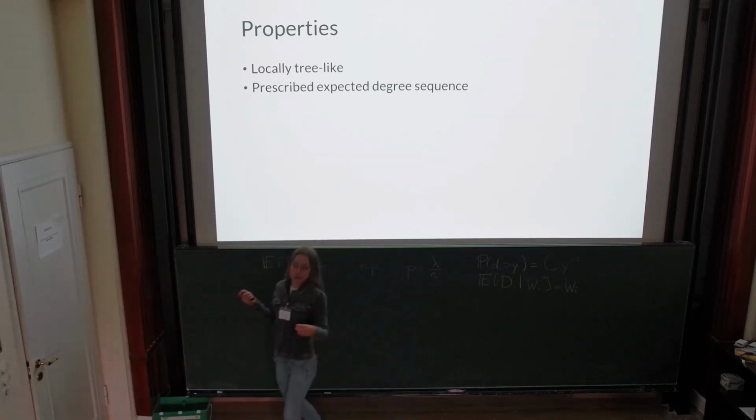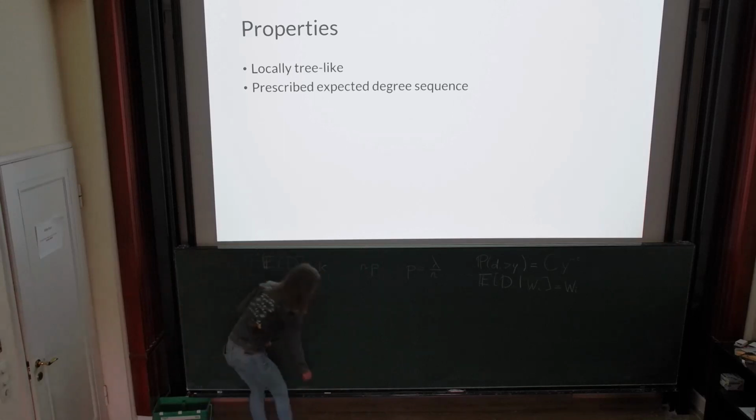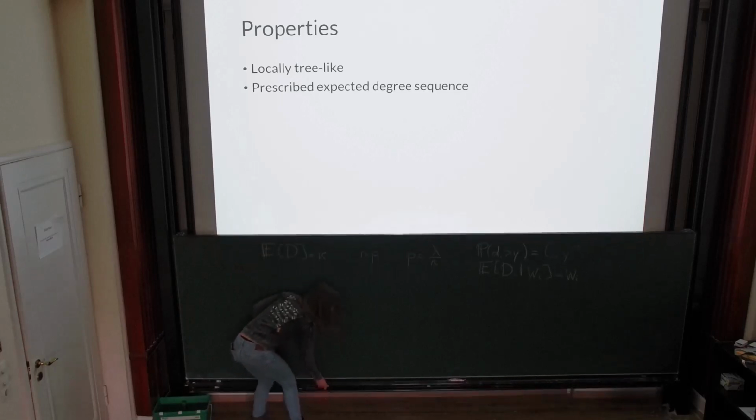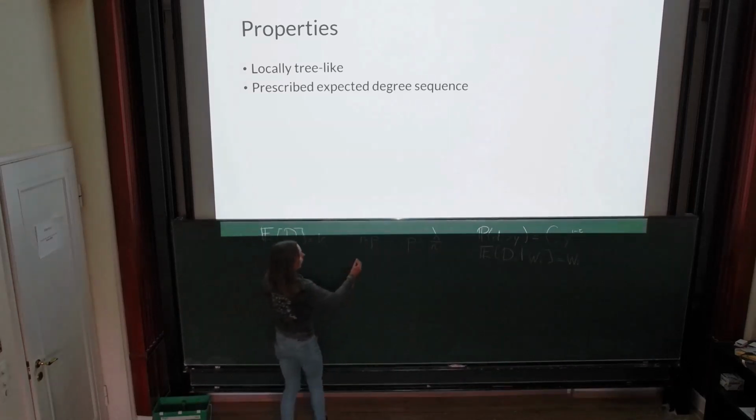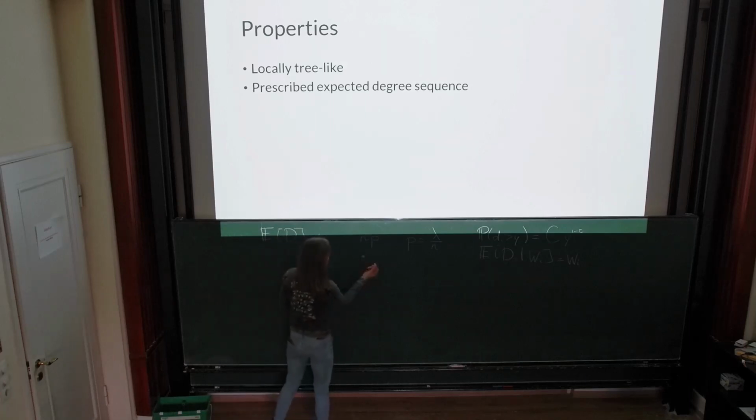But another property of this model is that it's so-called locally tree-like. So what does that mean? It means that if you pick a random vertex and you start doing this so-called breadth first or depth first, you just start exploring your graph.